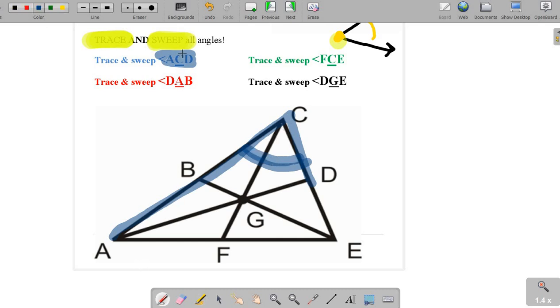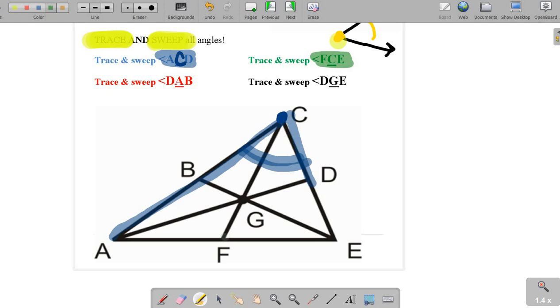Notice the central letter is the hinge of the angle, or the elbow if you think of that as an arm with an elbow. Let's trace and sweep FCE.